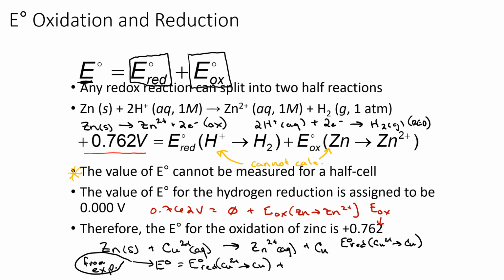Well, I just said that the oxidation is 0.762 volts. So then I could solve for what the reduction is for copper 2+ to copper. And then I could use that to solve for something else and something else and something else. And then all of a sudden we have this giant table of these things that we're going to call reduction potentials. Once we have all those reduction potentials, we can just add those things together and we can see what the overall voltage is going to be.